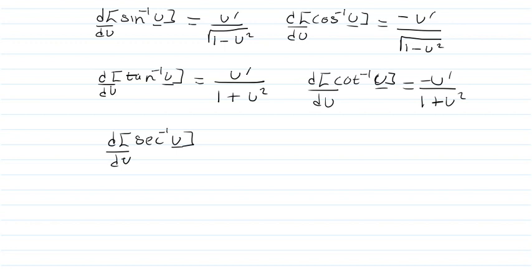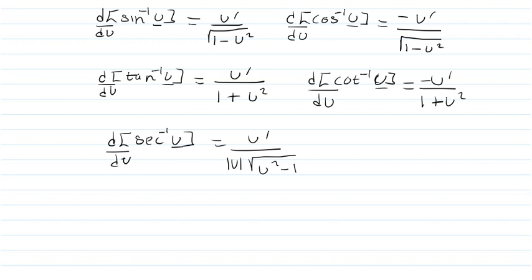This will give you u prime, then everything over the absolute value of u multiplied by the square root of u squared minus 1. Okay, mistake there, it's supposed to be u squared minus 1.